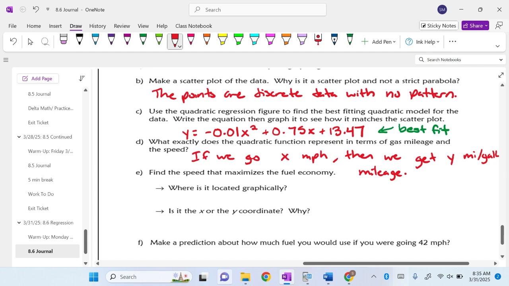So this is the mileage that we're getting per gallon. For example, some cars go about 25 miles per gallon at a constant speed. Some cars can do about 30, some cars can do 15. That's telling you how many miles you can get out of 1 gallon of gas in your car.